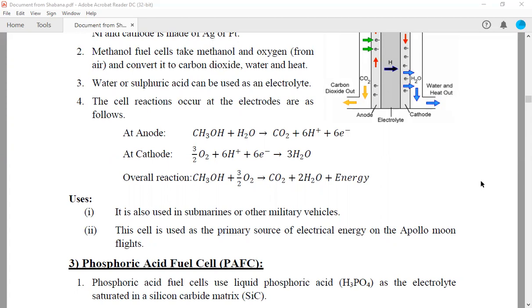This fuel cell uses liquid phosphoric acid as an electrolyte in a saturated silicon carbide matrix, that is SiC matrix.